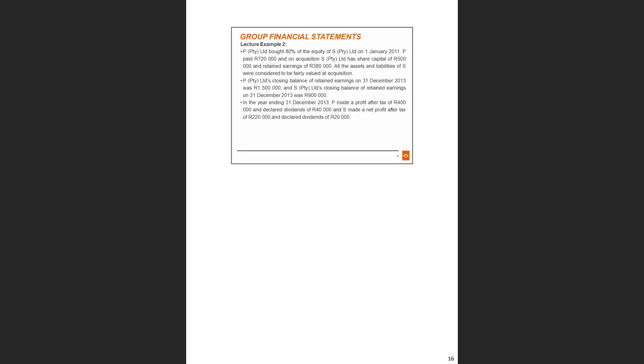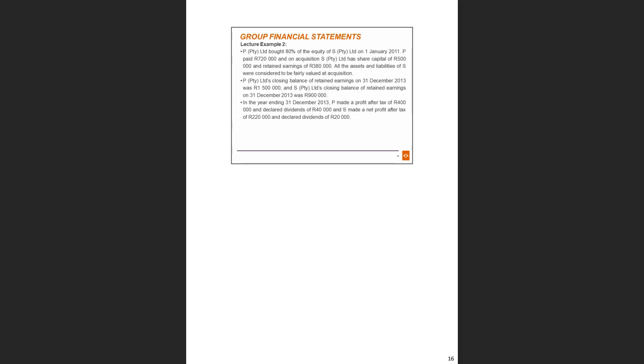So P Pty Limited's closing balance of retained earnings on the 31st of December 2013 was 1.5 million, and S Pty Limited's closing balance of retained earnings on the 31st of December was 900,000 Rand. Okay, so this 900,000 Rand is the closing balance of retained earnings in S Pty Limited's individual books.